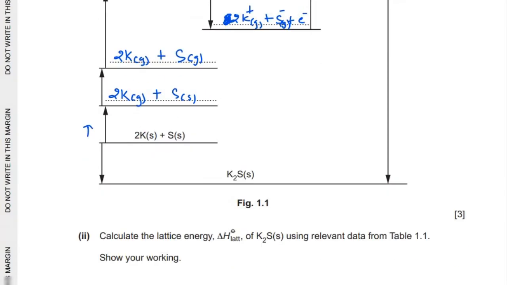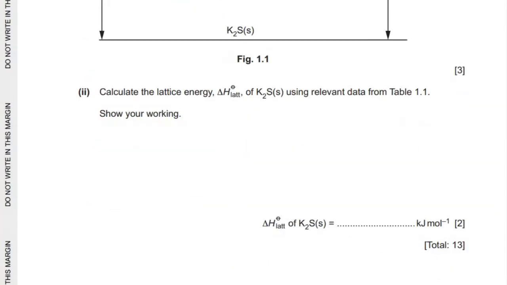So let's see the next part. What is the next part is calculate the lattice energy, that is delta H lattice of K2S using the relevant data from the table 1.1 and show your working. So let's first start by writing the formula, that is the lattice energy is the enthalpy change of formation minus the whole cycle.